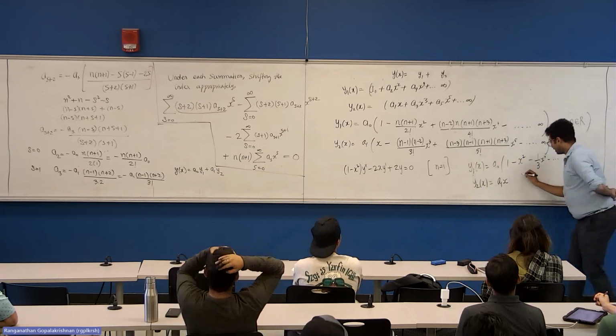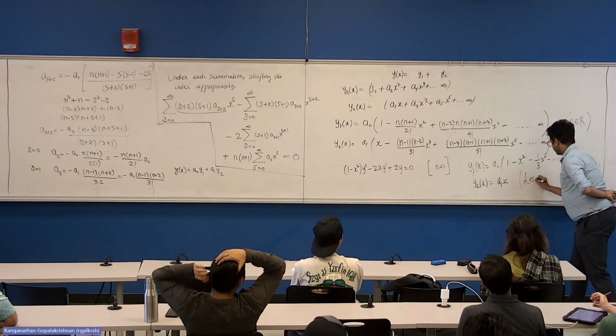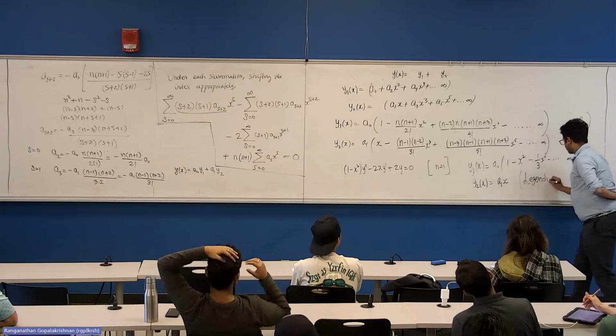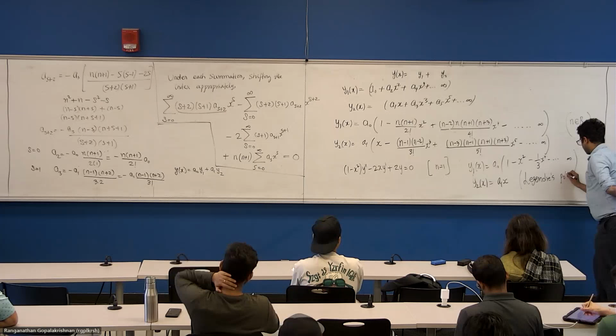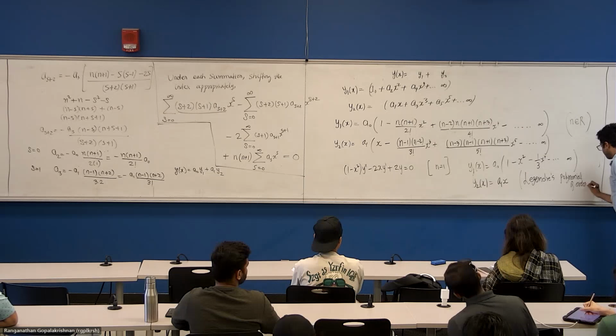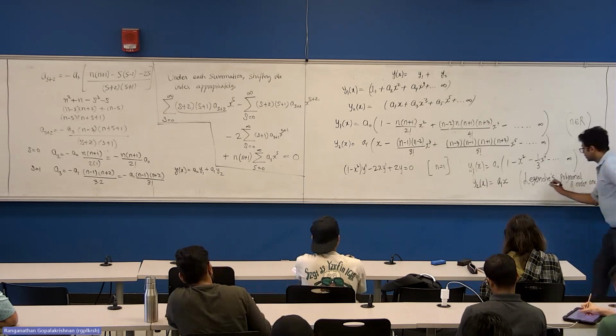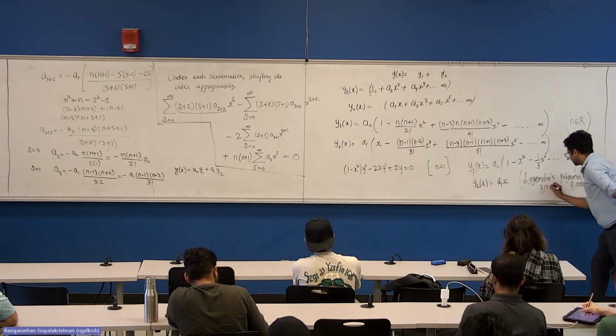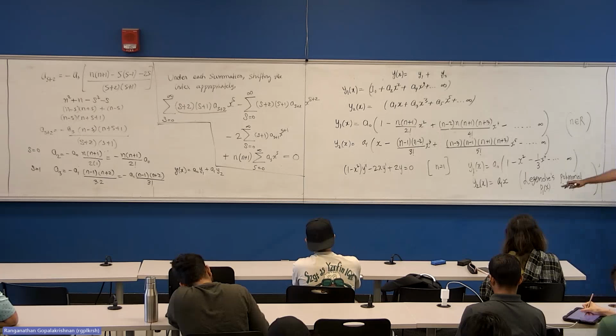As we'll shortly see, this is called the Legendre's polynomial of order 1, which we denote P1 of x. We are going to see Pn of x in general shortly.